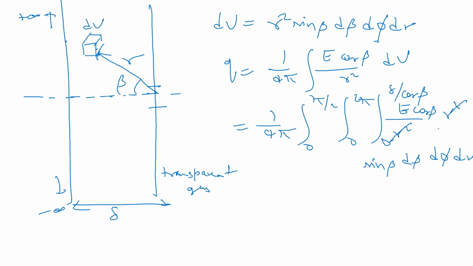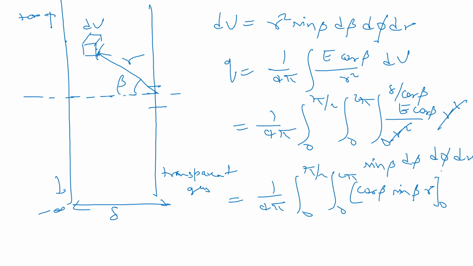Now this R square will cancel, and if we take the integration first with respect to R, then we'll get 1 upon 4 pi integration 0 to pi by 2 integration 0 to 2 pi cos theta sine beta into R from 0 to del upon cos theta d beta d phi.